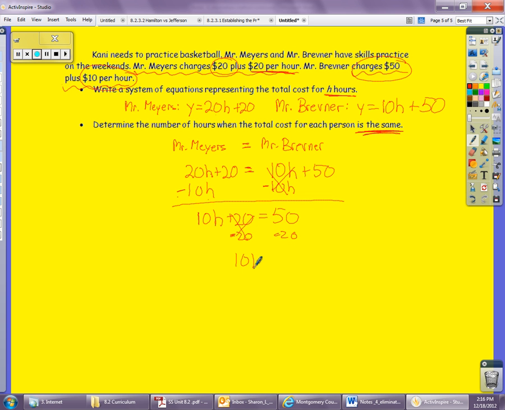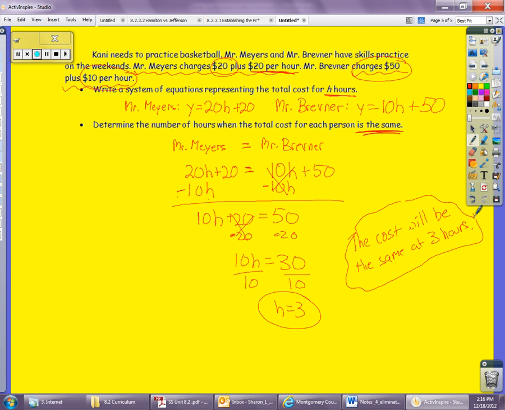So 10h equals 30, and then we divide by 10, and h equals 3. So we know that they will be the same for 3 hours. So the cost will be the same at 3 hours.